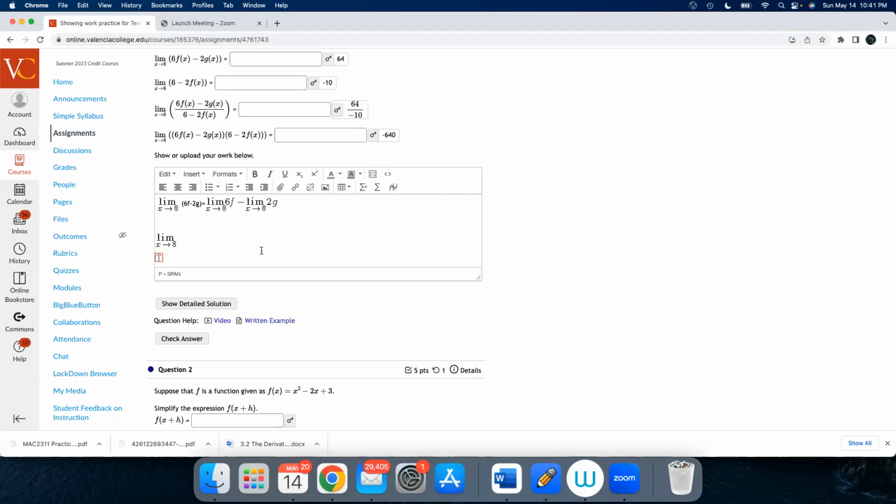So inside these bars, you can type LaTeX, lim X, and this is how you do the arrow in LaTeX. That's how you do a limit. And so forth. So there are a lot of ways to get this typed up.